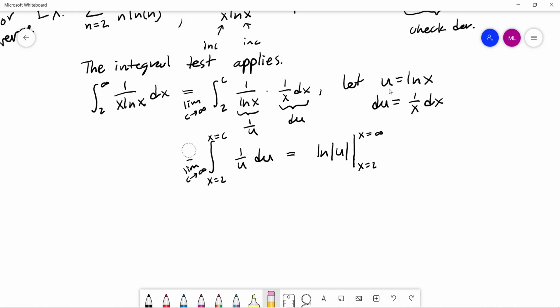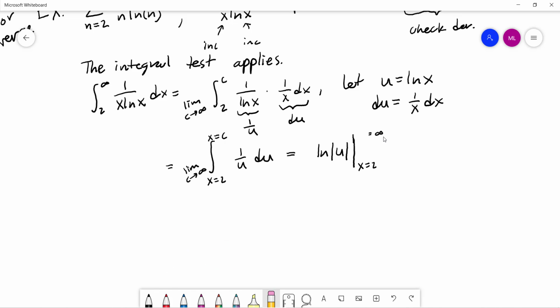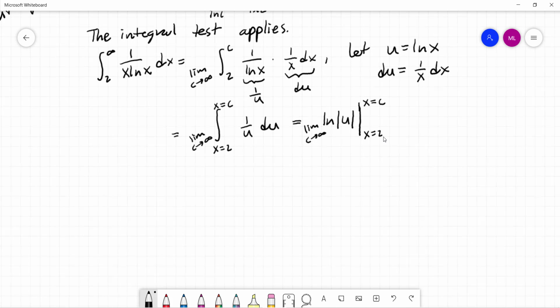But hopefully you can tell by the way that I'm treating this as an afterthought that, as far as the computation is concerned, it is an afterthought, even if it is conceptually an important thing, that we need to be careful when we're treating these limits on these improper integrals. We do need the limit. So this whole thing, I need my limit as c goes to infinity, and this is x equals c.